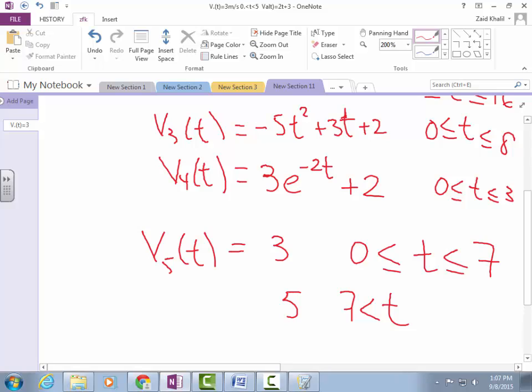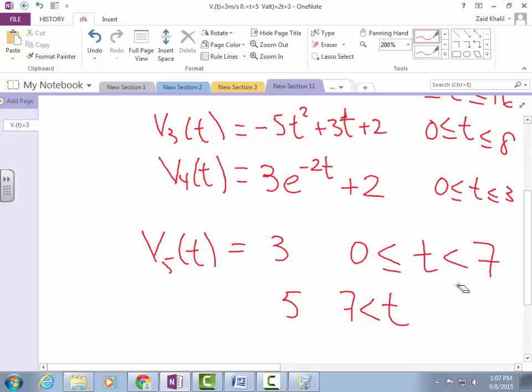Despite the fact that this equation says that at t equals 7, it has a velocity of 3, it doesn't have an instantaneous velocity there. Questions? And one case where it definitely wouldn't would be this. Then it would have no value whatsoever at that point. So that is instantaneous velocity.